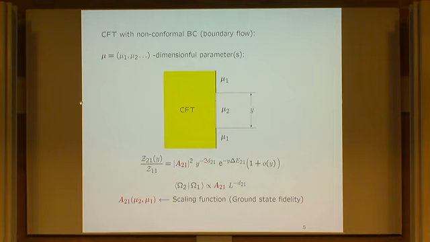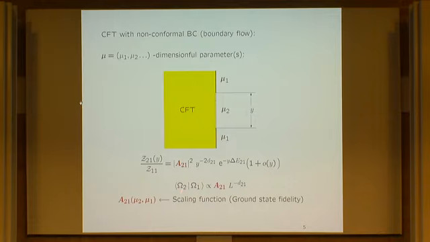From very general arguments, you can expect that the asymptotics now has this form. It has an additional exponential suppression, where delta epsilon is the difference of ground state energies for different boundary conditions. Now it's not 0, so strictly speaking we have a gap here. But we still have some power law, defined by a certain critical exponent and the amplitude A. Again, we can interpret this amplitude as part of the overlap.